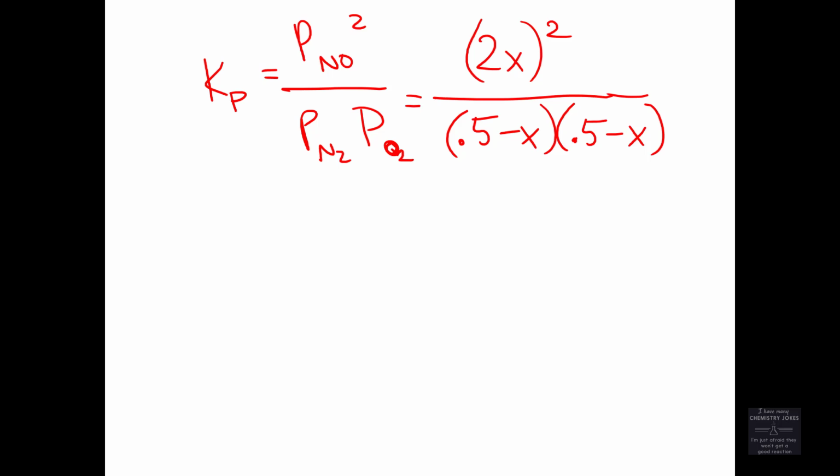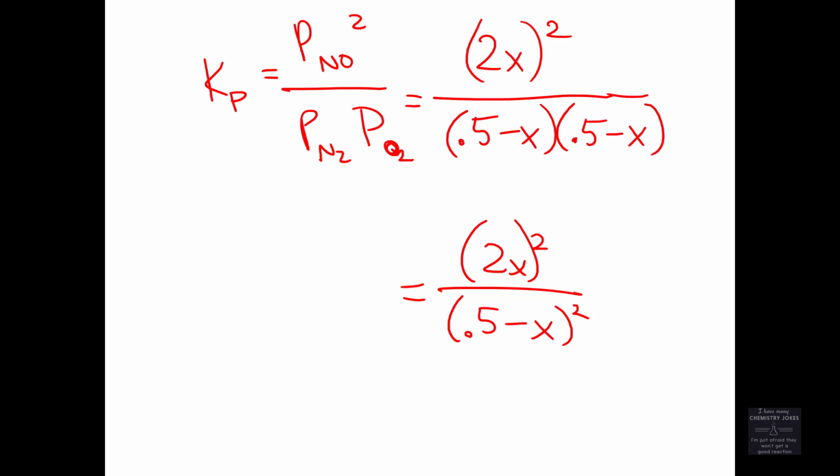Well, that's really (2x) squared over (0.5 minus x) squared, right?